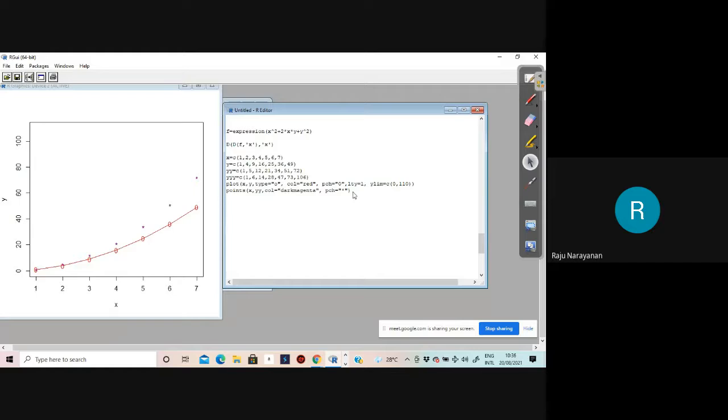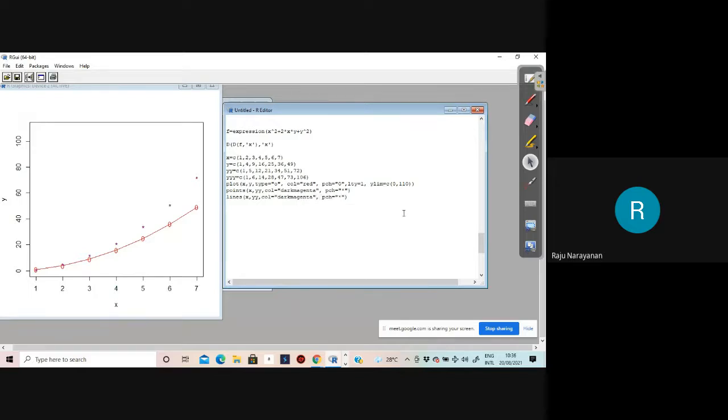Now if you want to connect it, lines, brackets, x comma yy. It is better you copy and paste, no problem, because once it is done correctly, it is better.